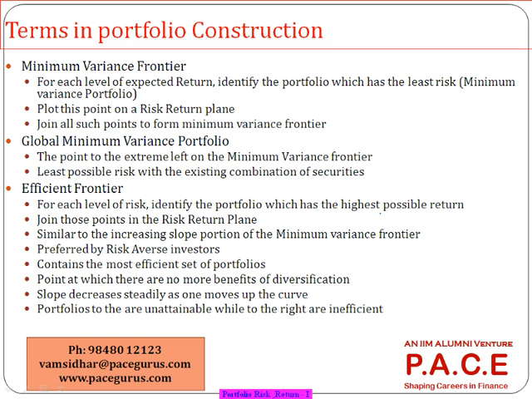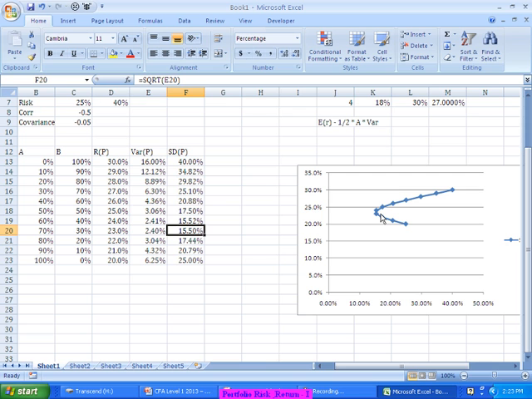So for this combination of A and B, if the relationship between them is minus 0.5, what I can say is the global minimum variance portfolio is a 70-30 combination. For different levels of returns, there are different levels of risk. But overall, the minimum risk is at that 70-30 kind of combination.